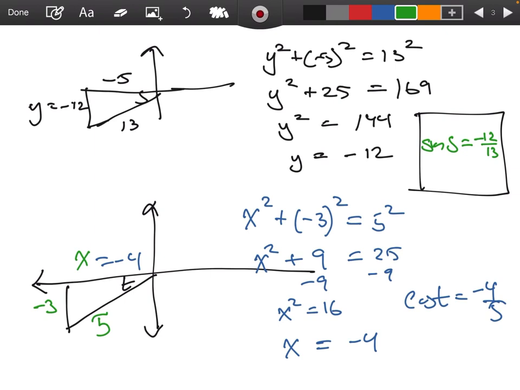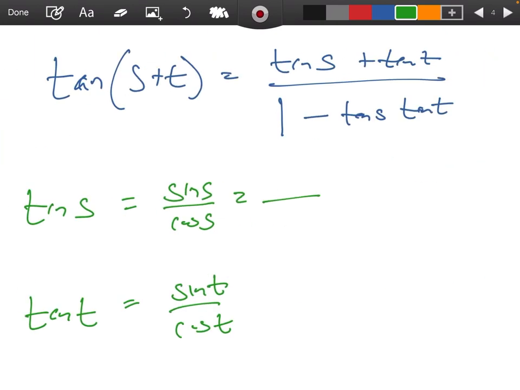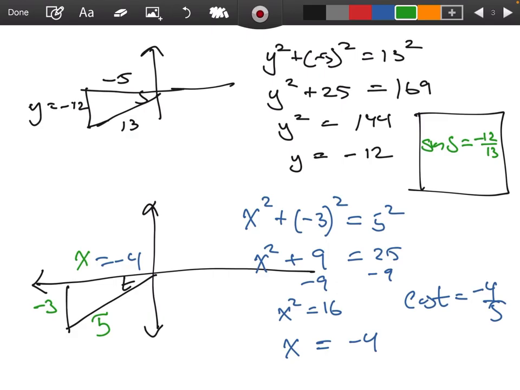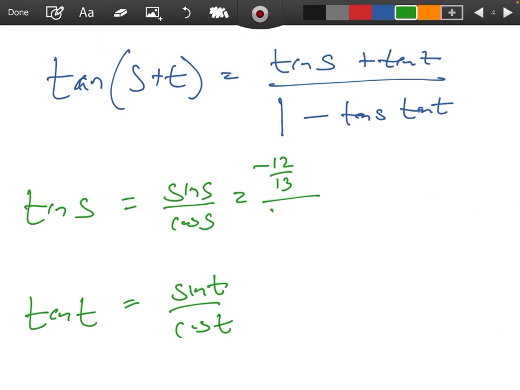So let's come back. Sine of s was a negative 12 over 13. The cosine of s was a negative 5 over 13. So that's going to be positive 12 over 5.